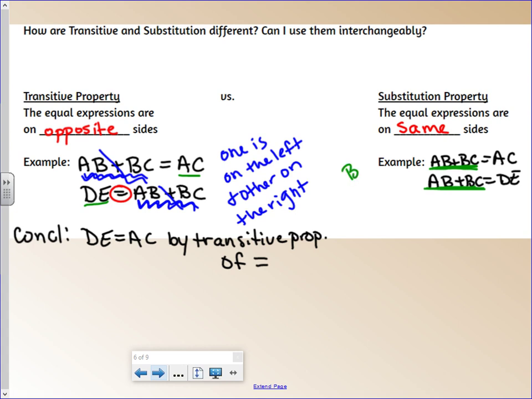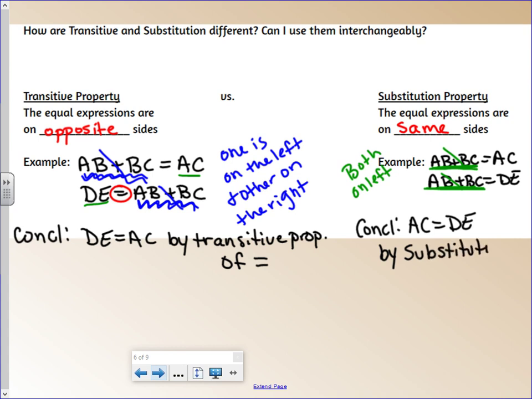Since it's on the same side of the equal sign, my reason is substitution because I'm replacing. Think of it as AB and BC equal AC, so when I see AB plus BC here, I'm replacing it with AC. And this would be substitution property of equality, because I'm still working with an equal sign.